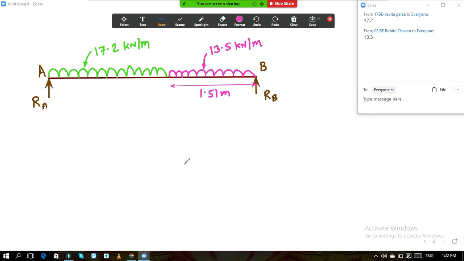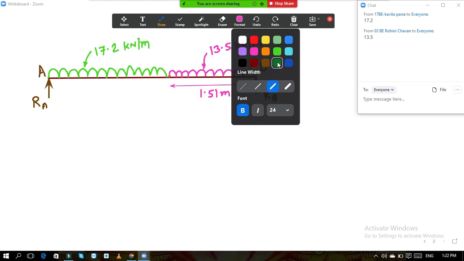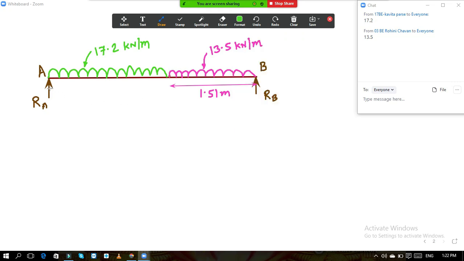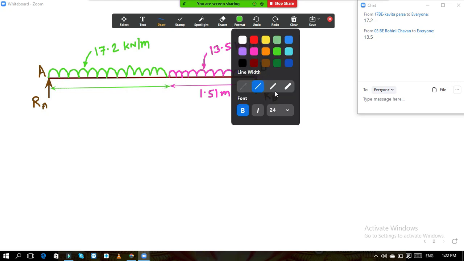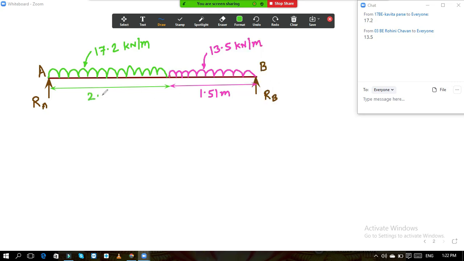So 0.23 by 2, again 0.115 plus 2.7, which comes out to be near about 2.81. Okay, so if you mark this distance, this is about 2.81 meter.